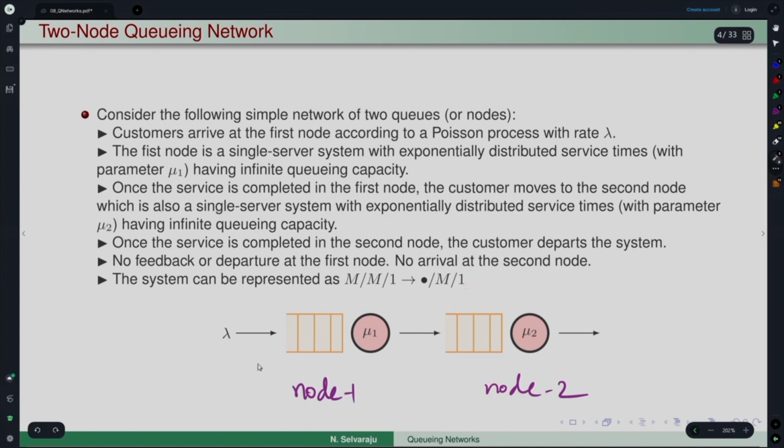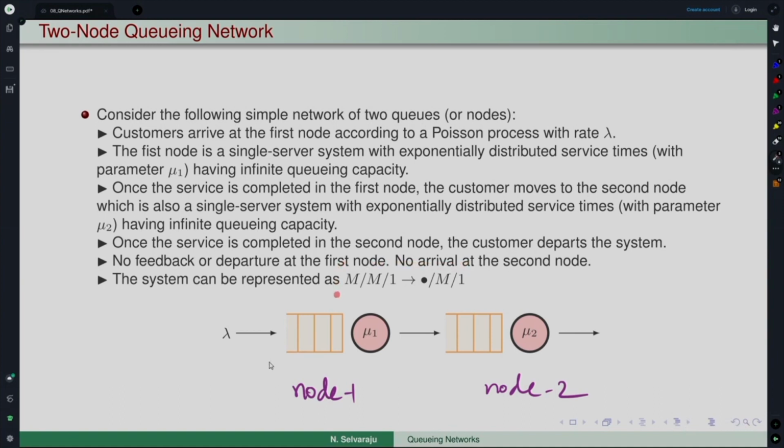This whole system, which is in series, could be represented as MM1 followed by another, where the output from node 1 acts as the input to node 2. So, this is the structure, or the description that you can give for this 2-node network.